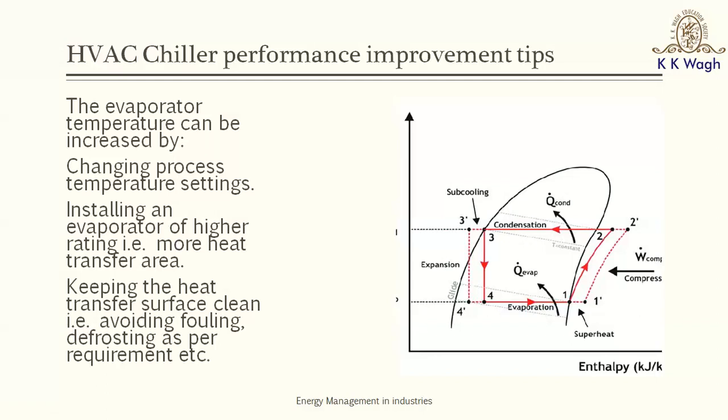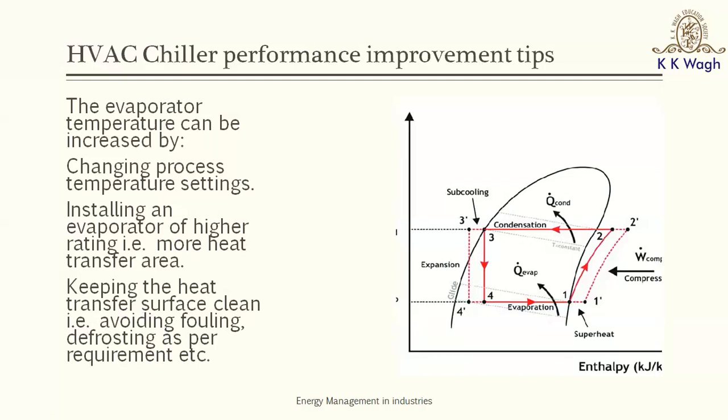Then there is a commonsensical approach: if you want better heat transfer in the evaporator, which is a heat exchanger, you keep the heat transfer surface clean. You don't allow fouling to happen, you don't allow frosting to happen, that is, you employ a defrosting technique and clean the surfaces.